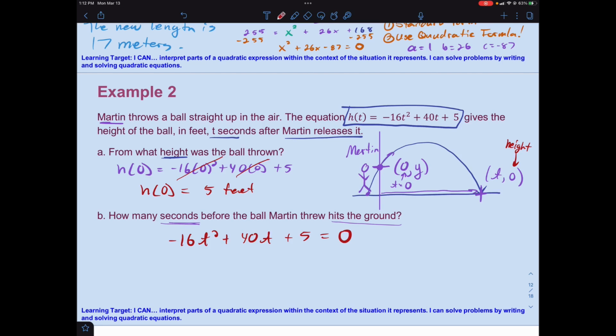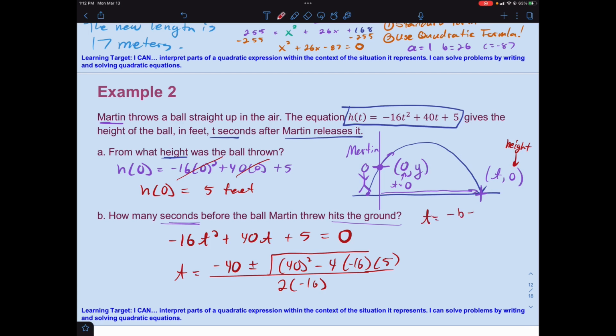And we can use the quadratic formula for this. t equals the opposite of b plus or minus the square root of b squared minus 4 times a times c, all over 2 times a. This is a recap. x equals negative b plus or minus the square root of b squared minus 4ac all over 2a. There's a song for you.